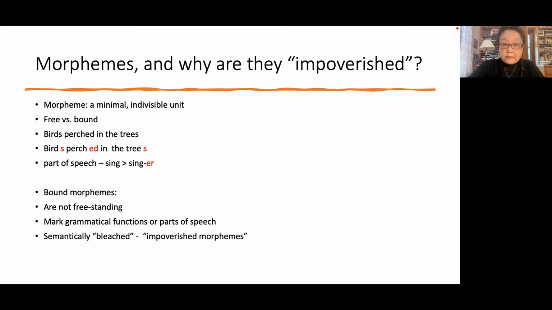I call them impoverished morphemes because, based on an anecdotal experience, a colleague's colleague told her graduate students something like, we deal with big ideas, but we don't deal with dirty morphemes.